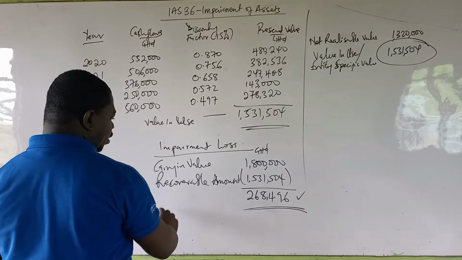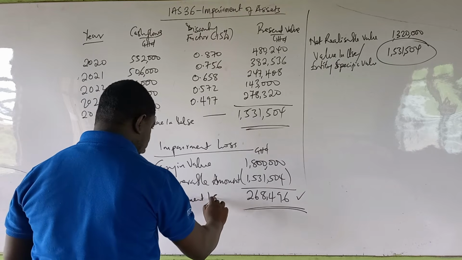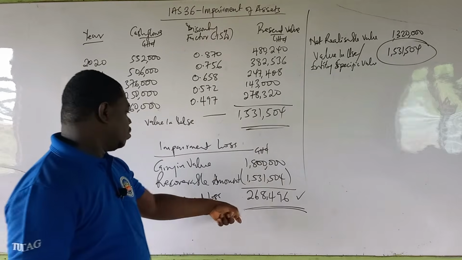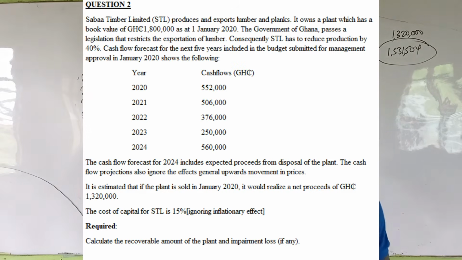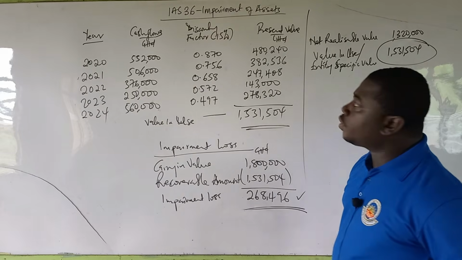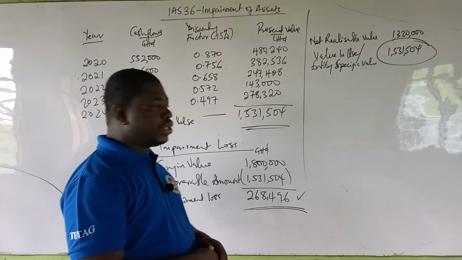This is the impairment loss that fulfills the requirement, which says to calculate the recoverable amount of the plant and the impairment loss. So this is the recoverable amount and this is the impairment loss. And we have to go through the discounting approach to get a value in use.